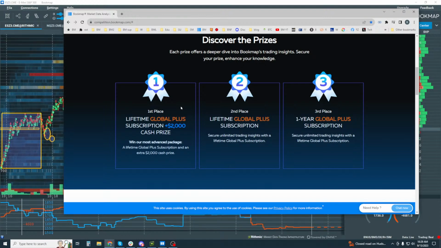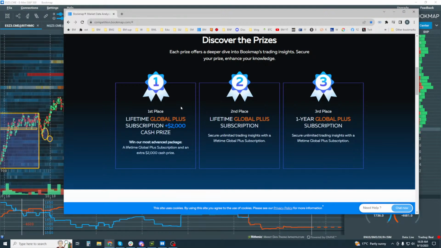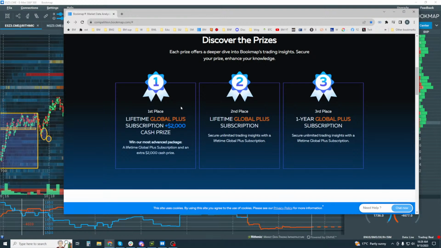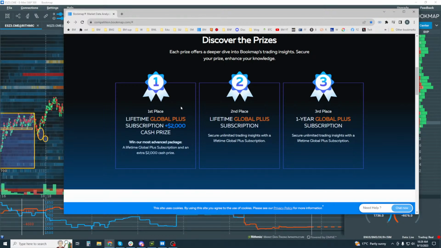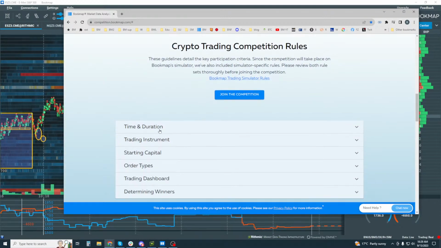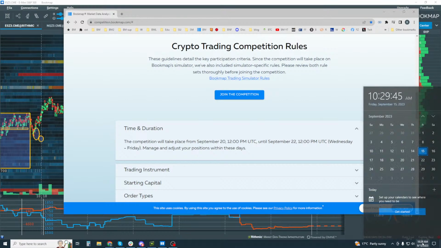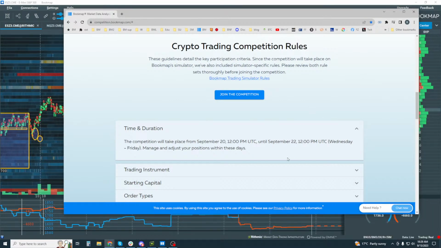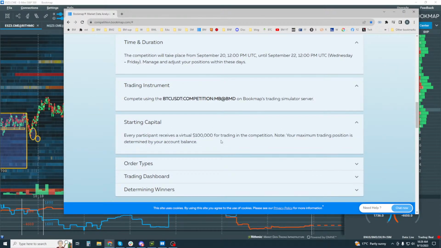It's 2 days, so remember, that is your time frame. It's Wednesday starting at 12 midnight UTC, and it will end 12 midnight Friday UTC. You can see all the details in here. It will be with Bitcoin only, and you'll get $100,000 in the demo account.